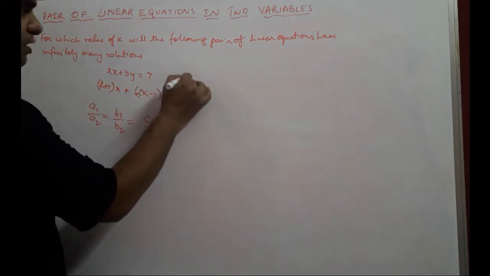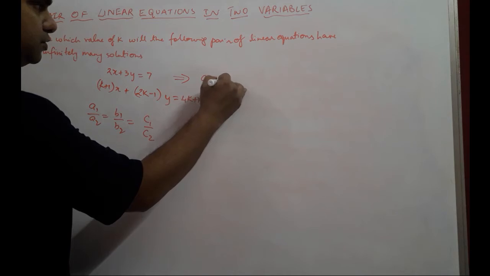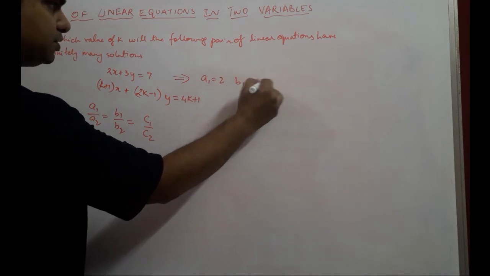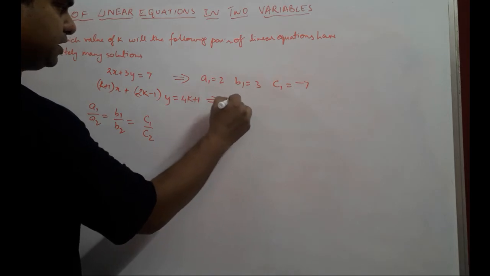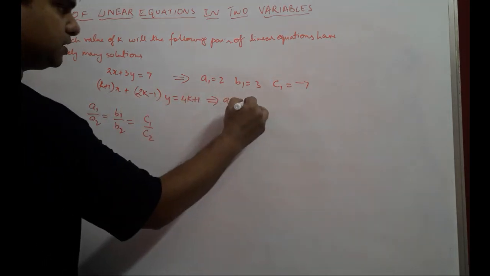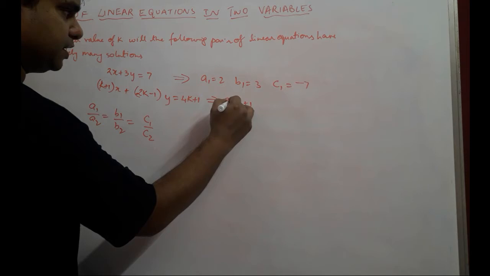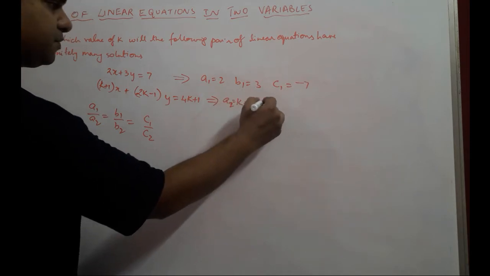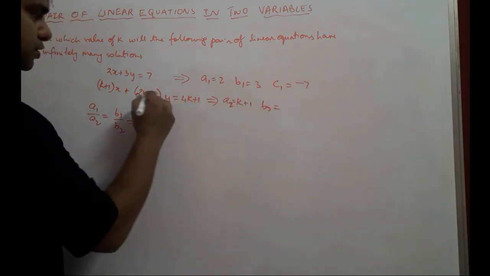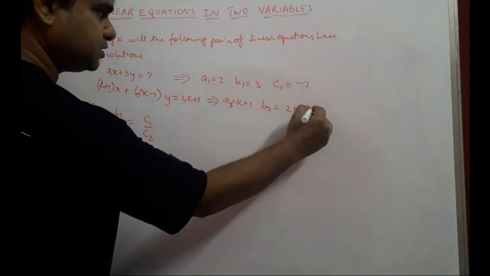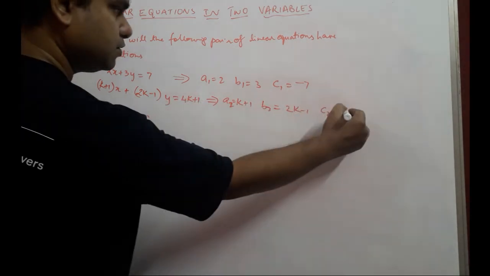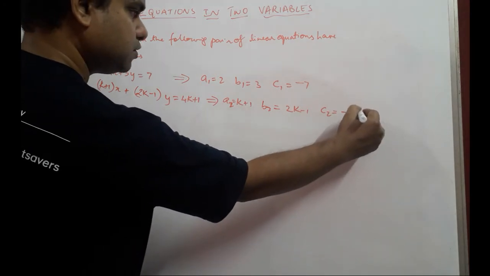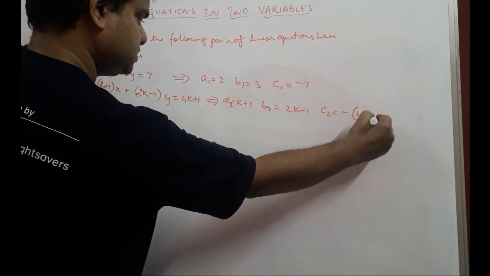So from here we'll get a1 equal to 2, b1 equal to 3 and c1 equal to minus 7. And from here we'll get a2 is equal to k plus 1, b2 is equal to 2k minus 1 and c2 will be equal to minus in the bracket 4k plus 1.